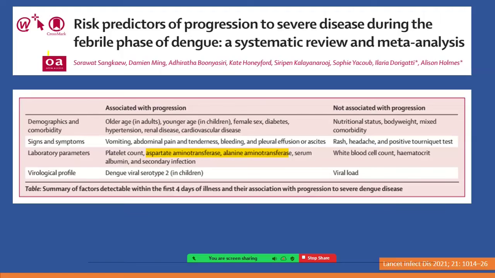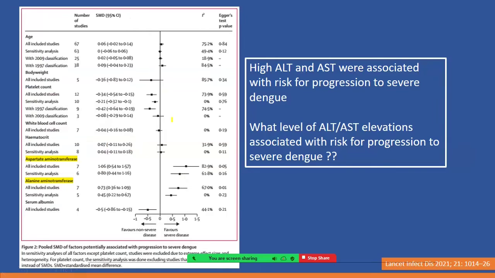They divided these predictors among demographics and comorbidity, signs and symptoms, laboratory parameters, as well as virological profile. Among laboratory parameters, they concluded that AST and ALT level is a significant predictor of progression to severe disease. The forest plot also shows the same: AST and ALT level was a predictor of severe disease in such patients.